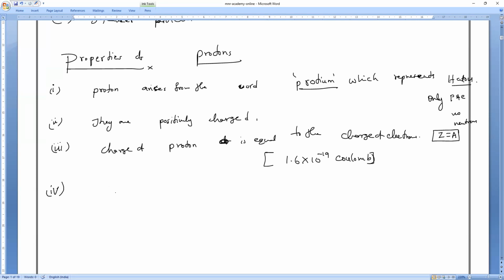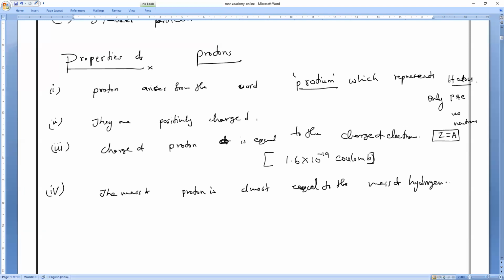Next, the mass of a proton is almost equal to the mass of hydrogen. Why, guys? Anybody can tell?